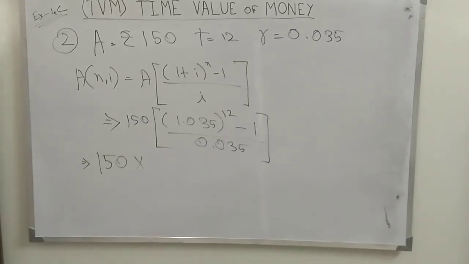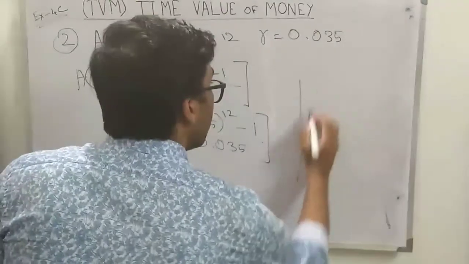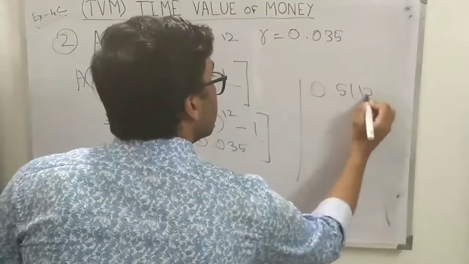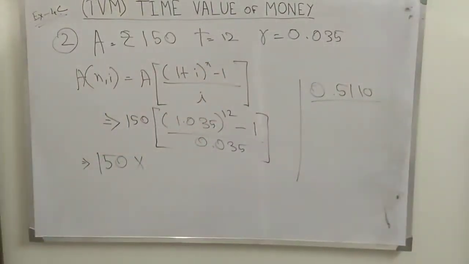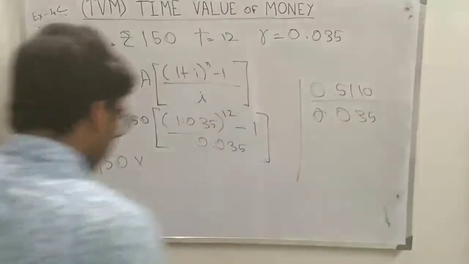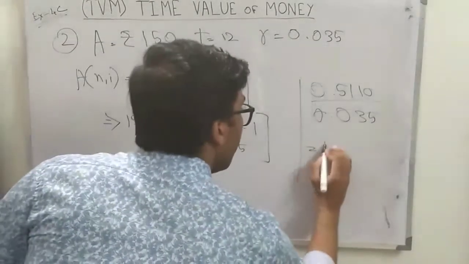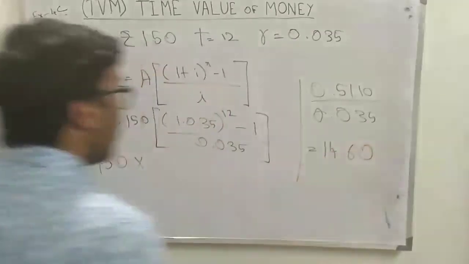And whatever value we got, it is 1.5110 minus 1, that means 0.5110. Let us calculate it over here. 0.5110 divided by 0.035, which is equal to 14.60.